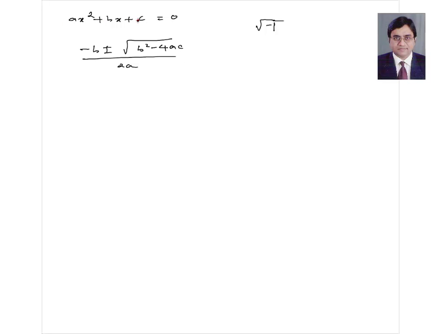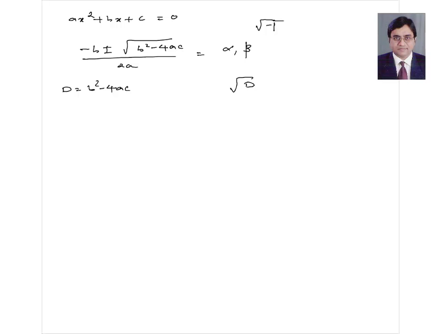So if a, b, c are real numbers, b square minus 4ac would be a real number. Discriminant is real. But still, alpha beta don't have to be real. Just because discriminant is real, alpha beta don't have to be real because of under root of discriminant. Now, discriminant is b square minus 4ac.